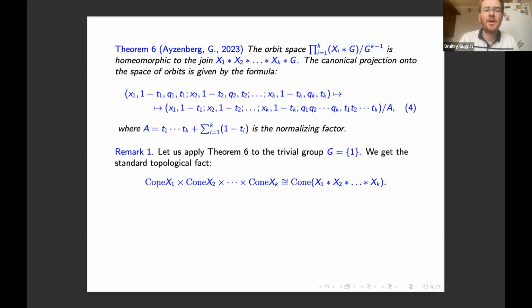So here is a cone times cone times cone, and you factorize by the trivial group, so you do not factorize. And this is homeomorphic to this join, and this join is the join of x1, x2, xk, and the cone of them. This is a standard topological fact.